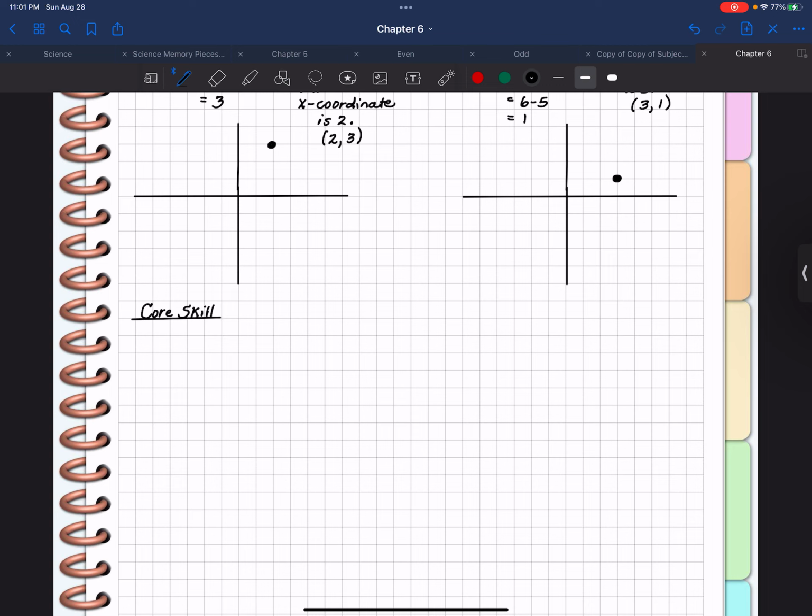The function h of t equals negative 16t squared plus 256 is used in physics to describe the height h in feet of an object t seconds after it has been dropped from a height of 256 feet.